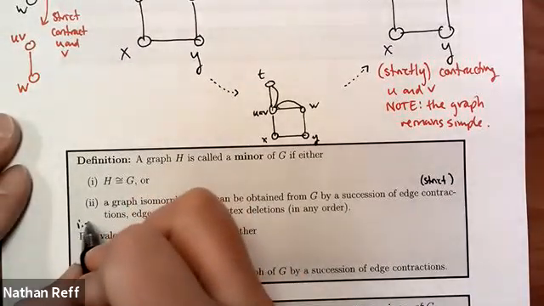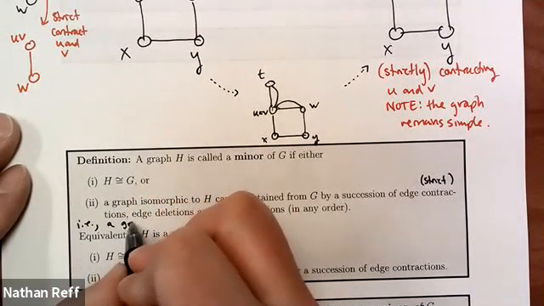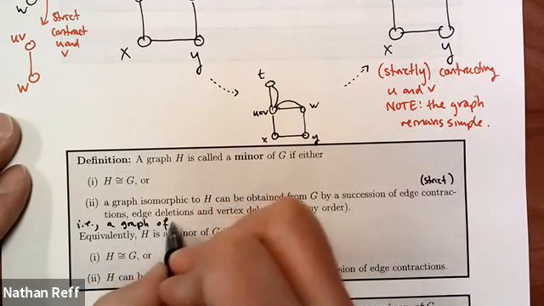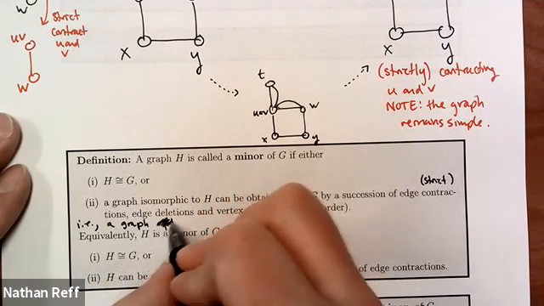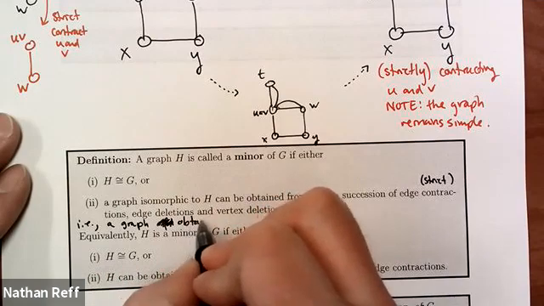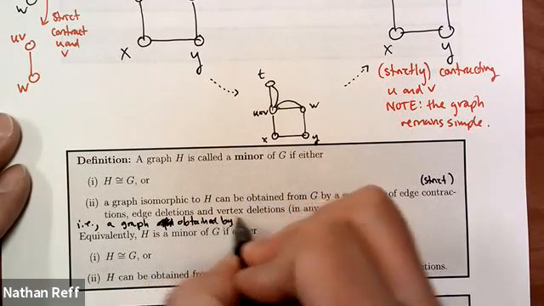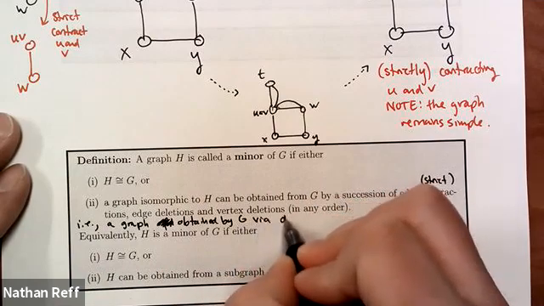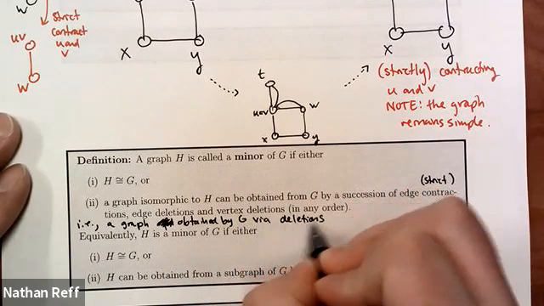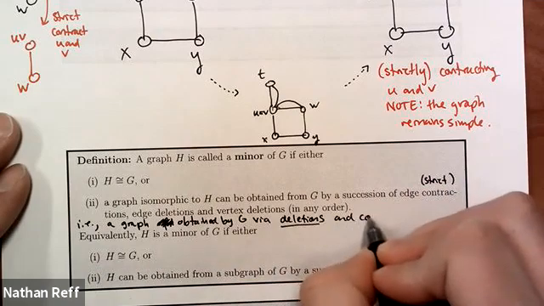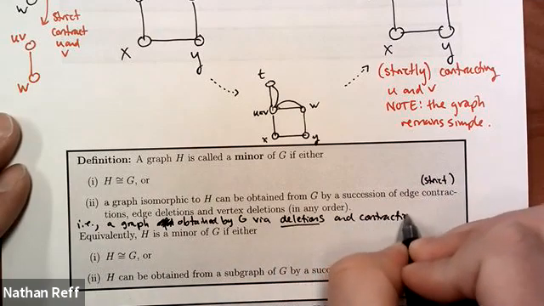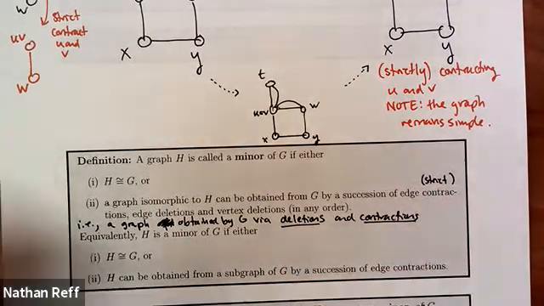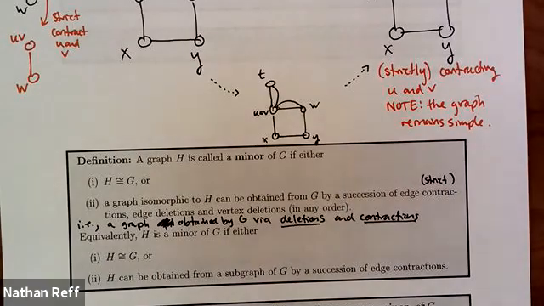In other words, a graph obtained by G via deletions and contractions. That way, you're taking care of, are you talking about vertex deletions or edge deletions?